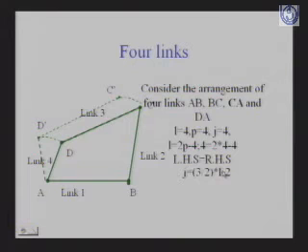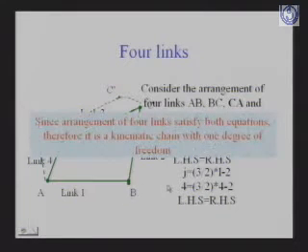Now we come to the second condition, that is J = (3/2)L - 2. Again we put in L, so we get 6 minus 2, which is 4. Again the left hand side is equal to the right hand side. So both conditions have been satisfied in the 4-bar or 4-link chain. Hence we can say that this 4-link chain can be called a kinematic chain.